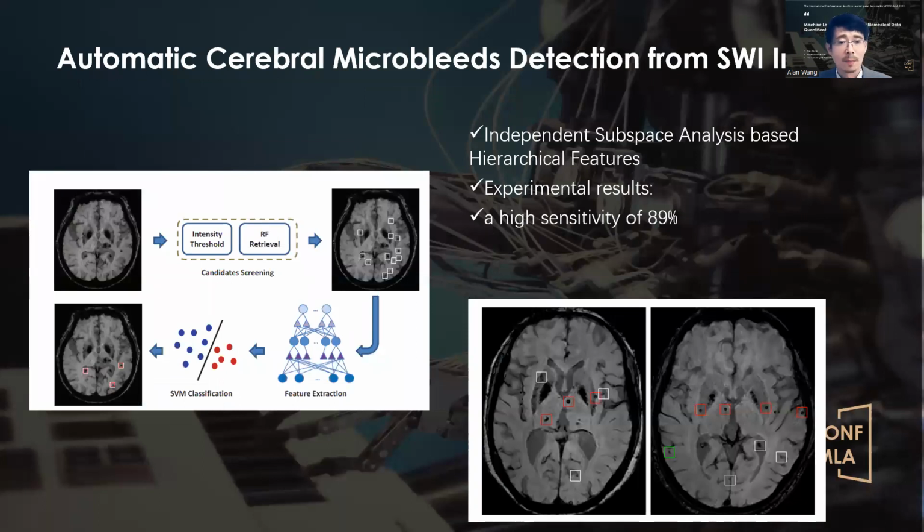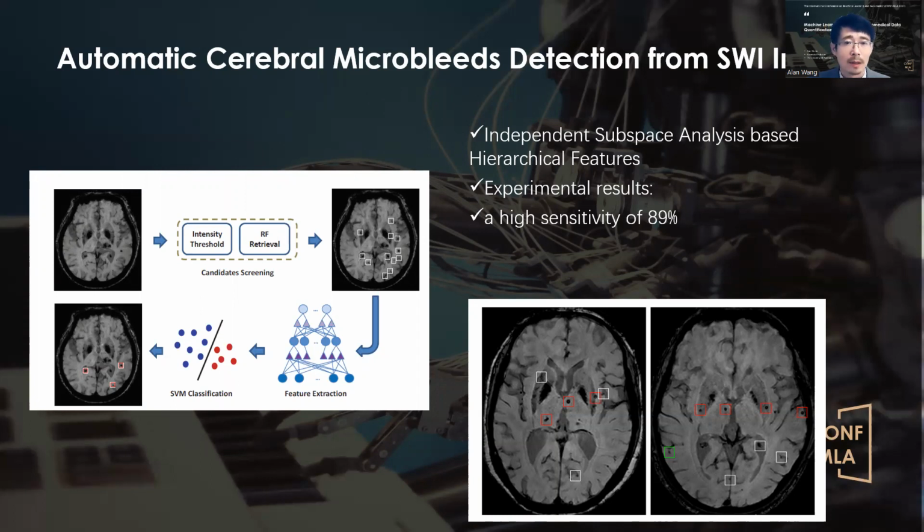With the fast development of machine learning and deep learning, we developed an advanced automatic segmentation pipeline for delineating the cerebral microbleed from SWI images. The SWI image is also one MRI modality, which is very sensitive for detecting cerebral microbleeds.